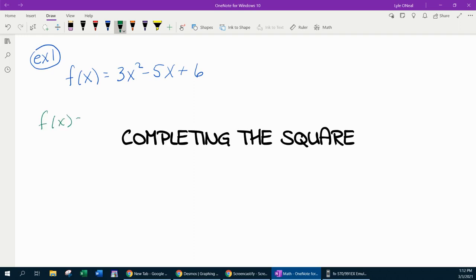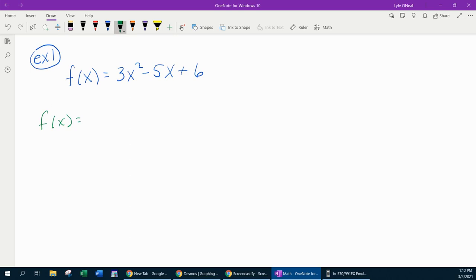In order to complete the square here, what we're going to have to do is group the first two terms together, and if there is a lead coefficient, you are going to have to factor that out. Now, since 3 doesn't go into 5 evenly, that's going to make this even more challenging. Or I guess you could say it's going to make it more fun.